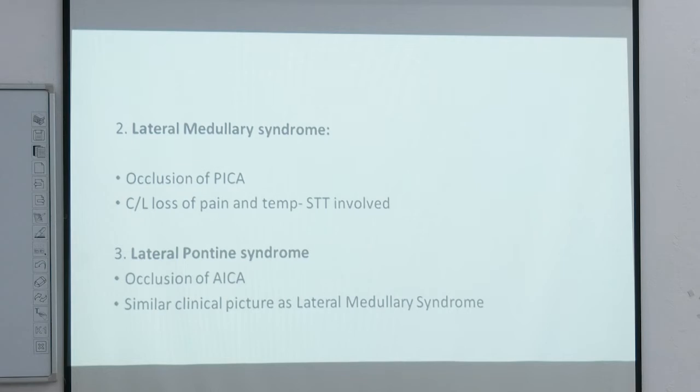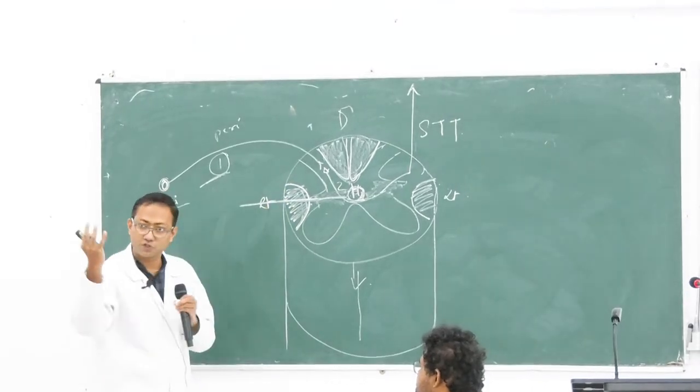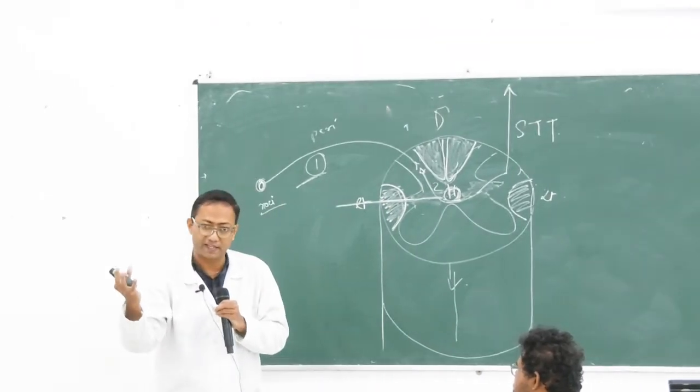Medial medullary syndrome. Lateral medullary syndrome is due to occlusion of PICA. PICA is posterior inferior cerebellar artery. Posterior inferior cerebellar artery supplies the spinothalamic tract, right? This is the lateral spinothalamic tract, and it also needs vascular supply.